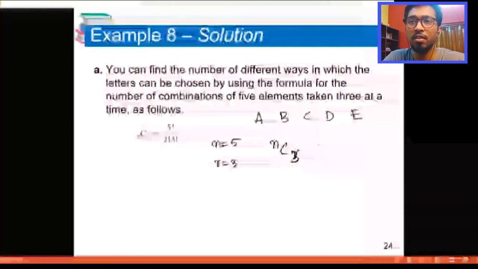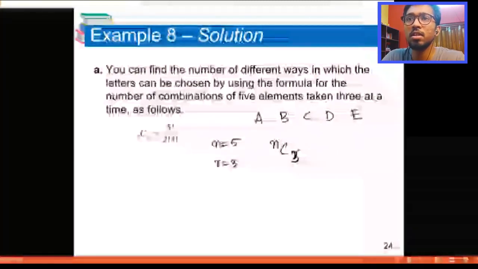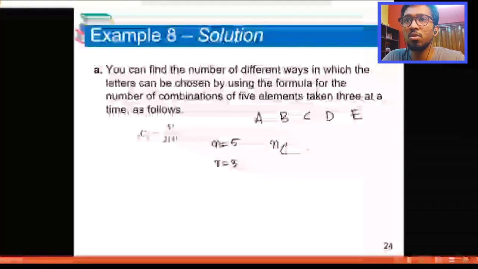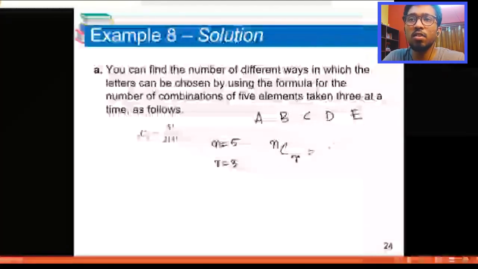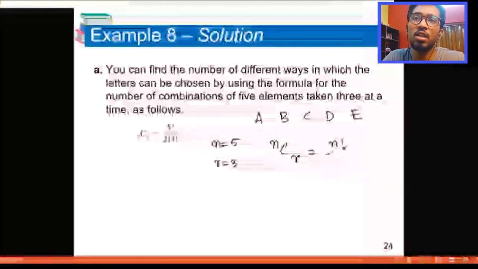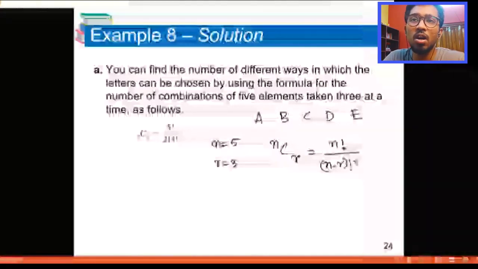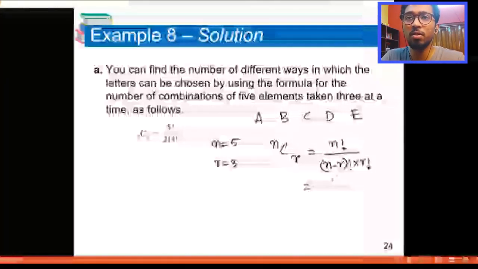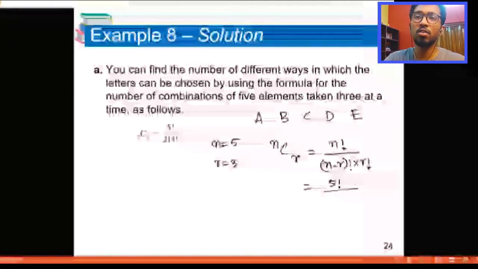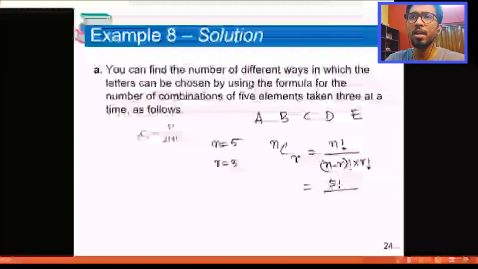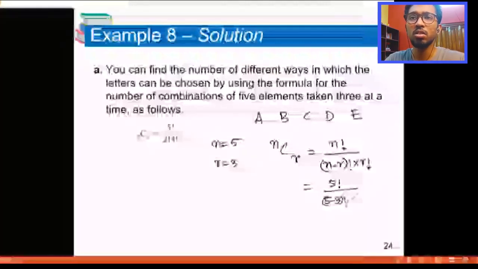The formula for nCr is n factorial divided by n minus r factorial into r factorial. Here n is equal to 5, so it is 5 factorial divided by 5 minus 3 factorial into 3 factorial.